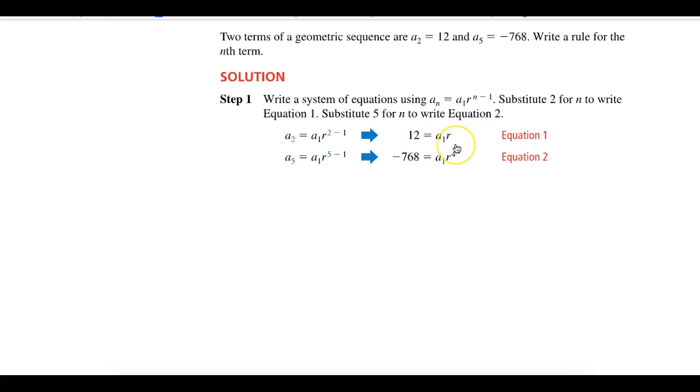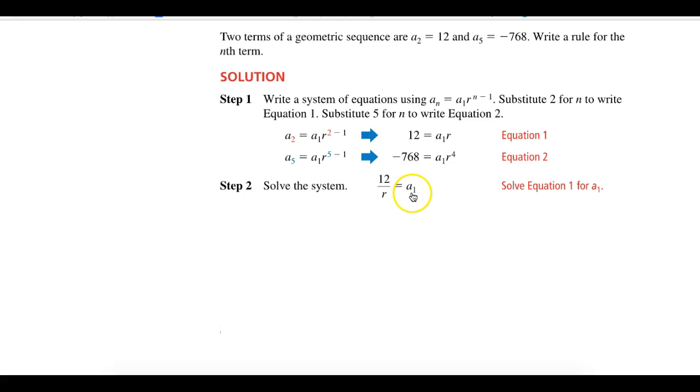In arithmetic, we were always able to subtract our equations because A1 was always by itself and had a coefficient of 1. Now, with these, depending on what your exponents are, it might be a little different. So you have to look at your system and figure out which way would be best.